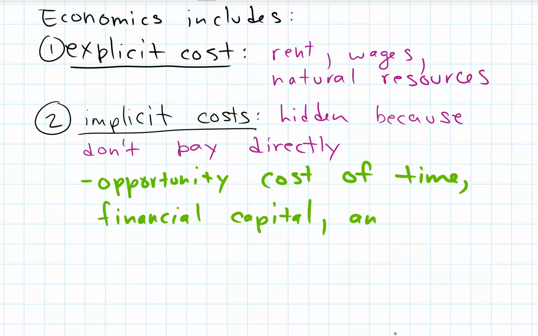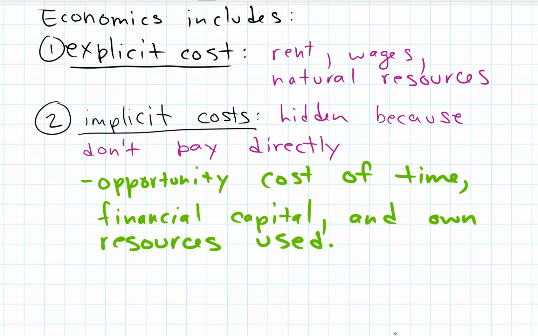Suppose you invest a bunch of your own money into your business. That has an opportunity cost. You didn't have to borrow from a bank because you instead used 50,000 of your own money, but you can't say that your own money was free, because you're giving up the chance to earn interest or dividends on that money.